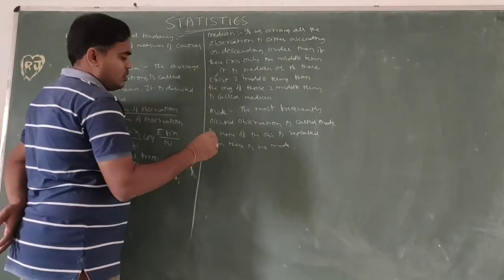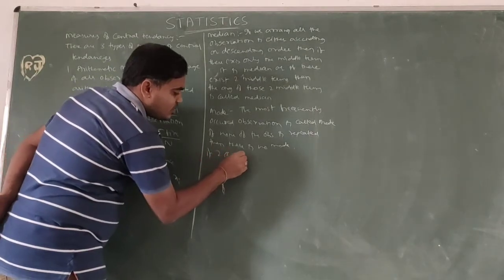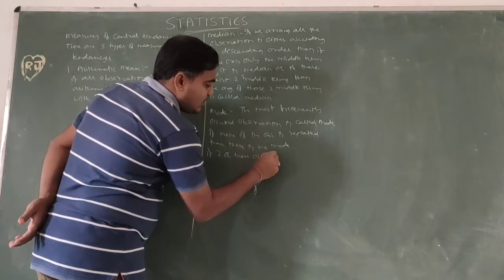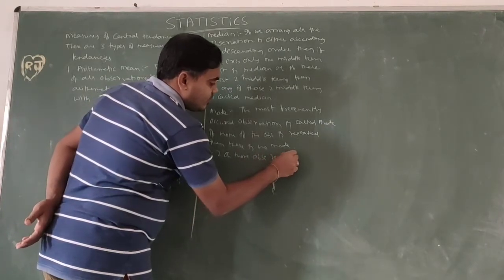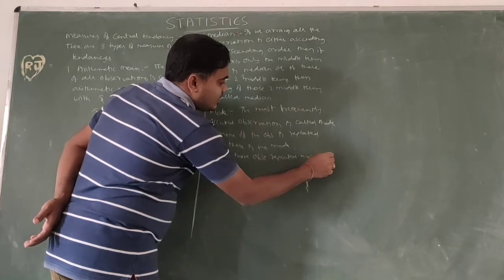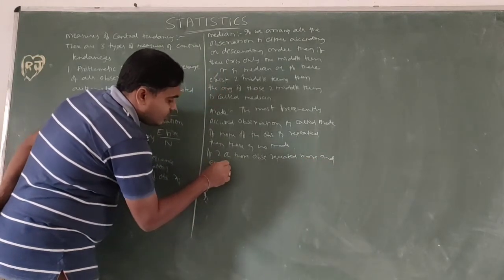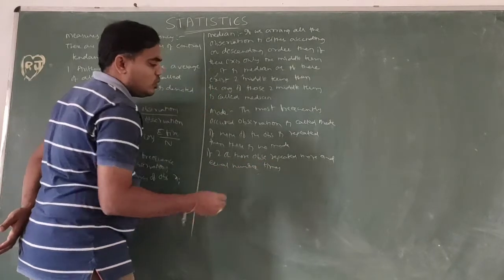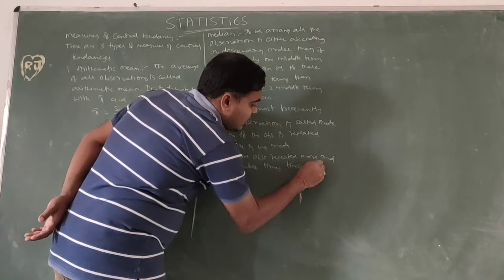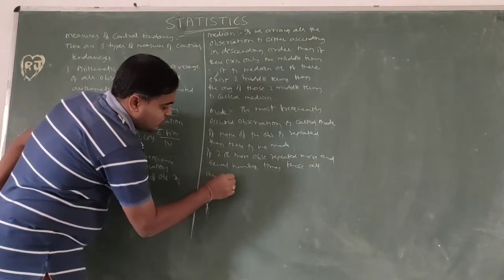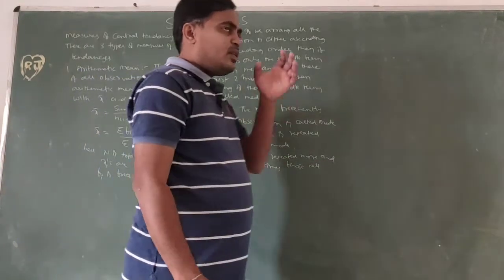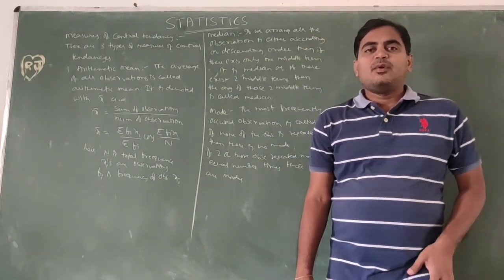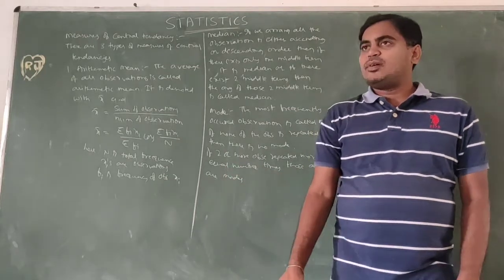If two or more observations are repeated more and an equal number of times, those all are modes. If two observations are repeated more times and equal times, then the data is called bimodal data. Okay, so this is about mode.